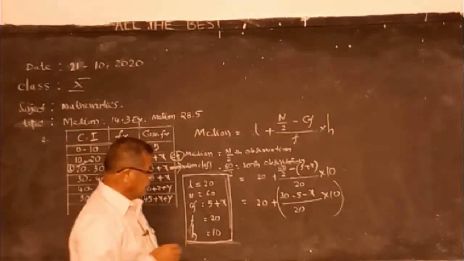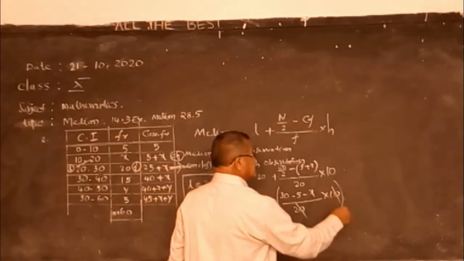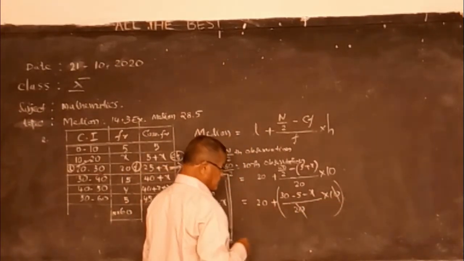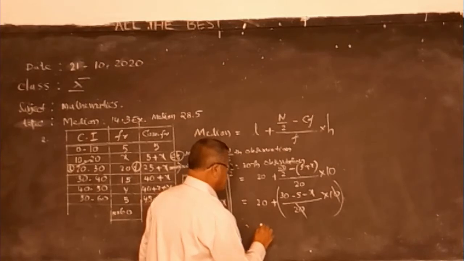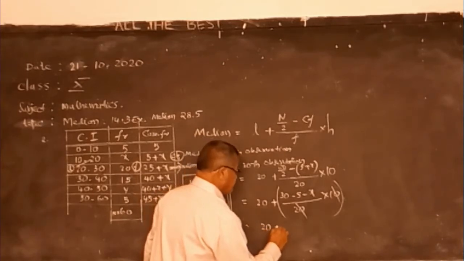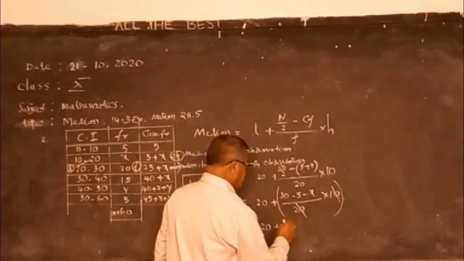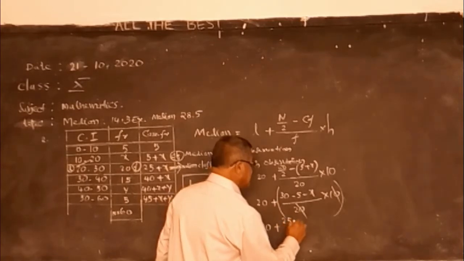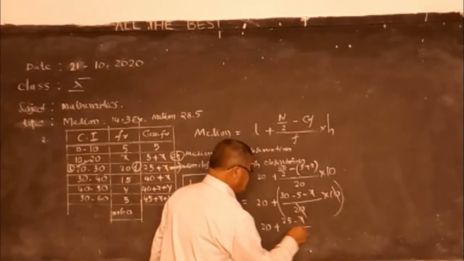So the zeros cancel, 10 ones are 10, 10 twos are 20, so 20 plus 25 minus x by 2.